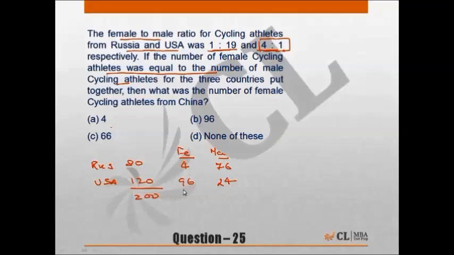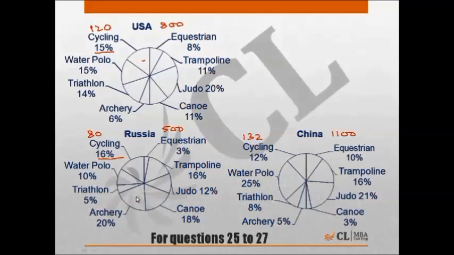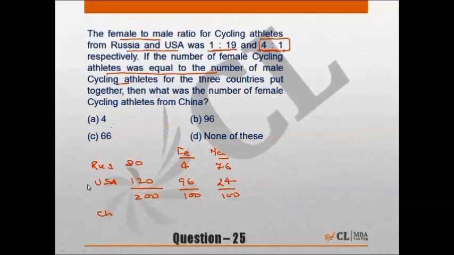In other words, 100 females out of the 200. What is the number of female cycling athletes from China? Since the total number of athletes for cycling from China was 132, this is 132.